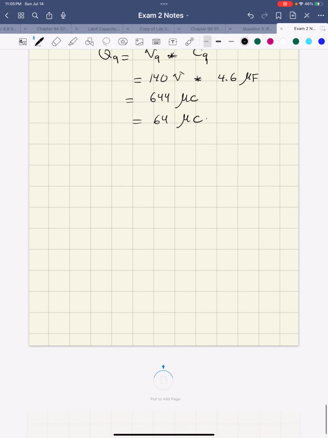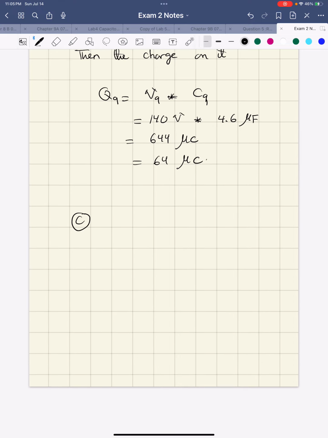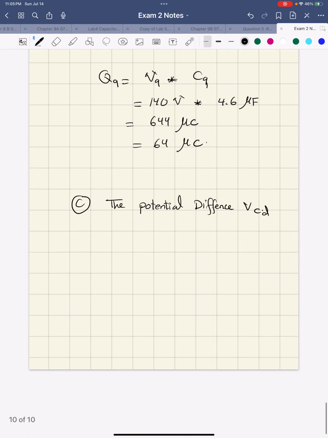For the last part, C, okay, they are asking about the potential difference VCD.